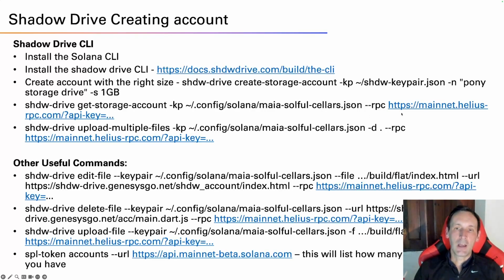And by the way, you will see this RPC attribute. One of the reasons I started using, in this case, the Helius RPC URL is because you could try to call these commands without having this RPC. And when that happens, what tends to happen is that Shadow Drive will default to the mainnet RPC.